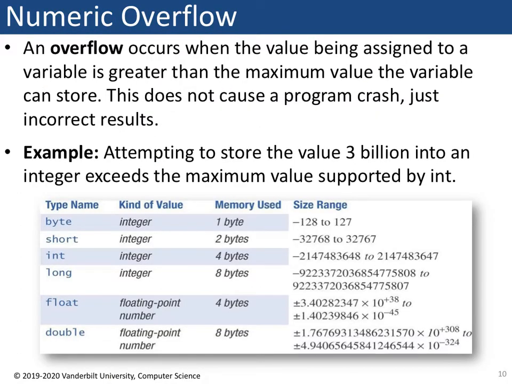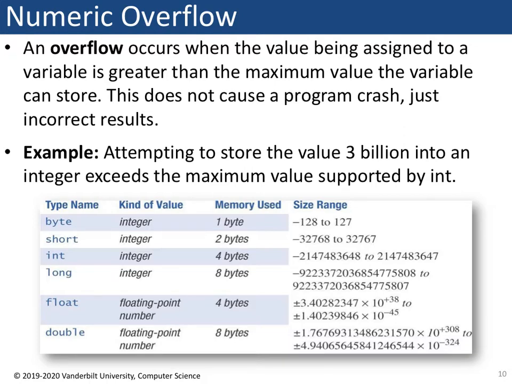Something that can occur when doing arithmetic operations is overflow. If, for instance, you multiply two very large numbers together, then you may wind up with a result which is too large to fit in the data type to which it is being assigned.